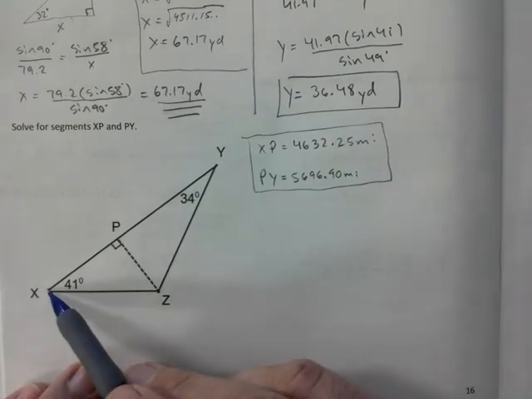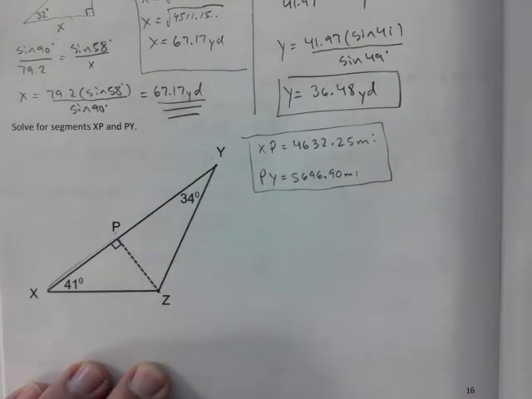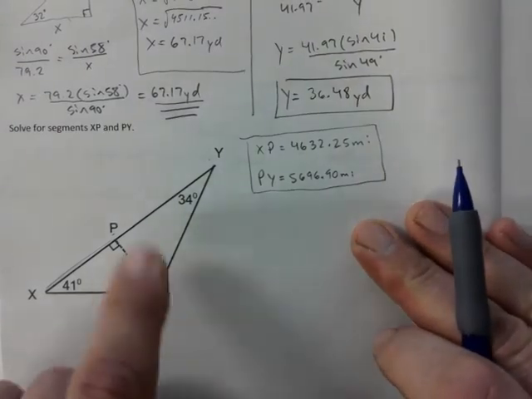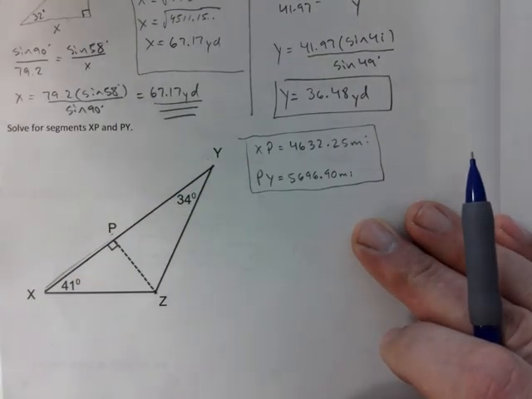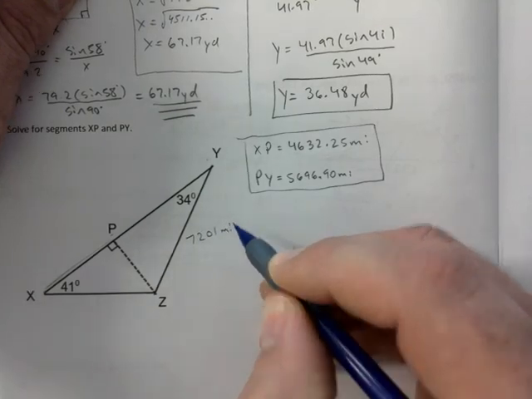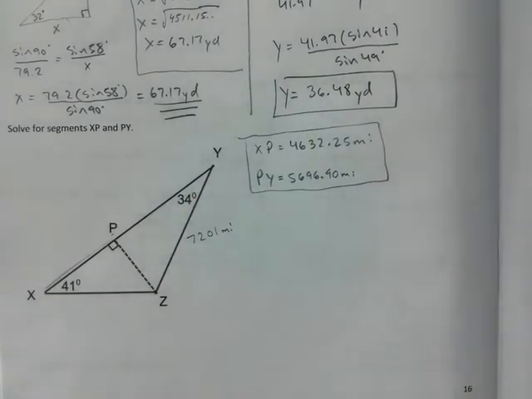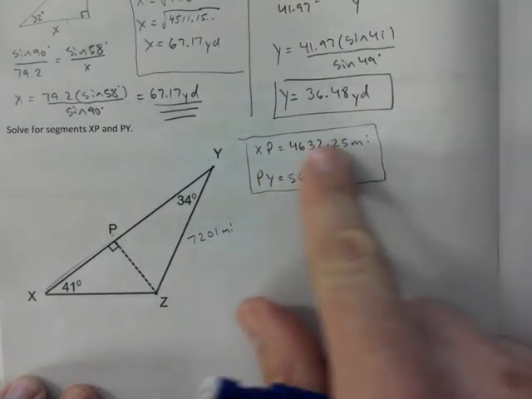XP would be from here to here, and then PY would be from here to there. But I don't give you a side length, so what's up with that? I have to give you a side length here. Here it is. Sorry guys. This is 7,201 miles. Otherwise you can't do it. So write this down and these are your answers there.